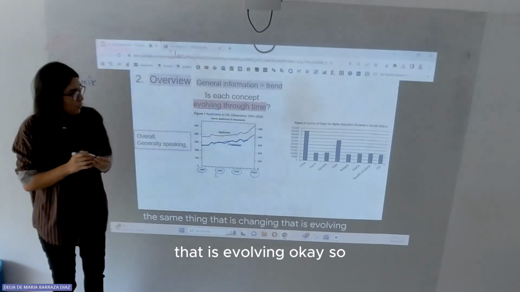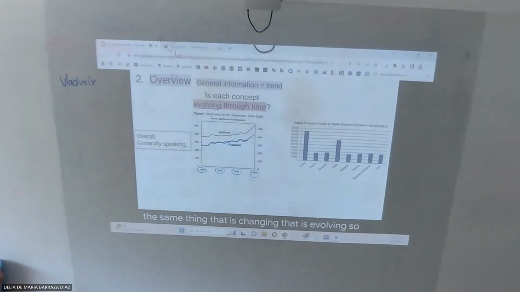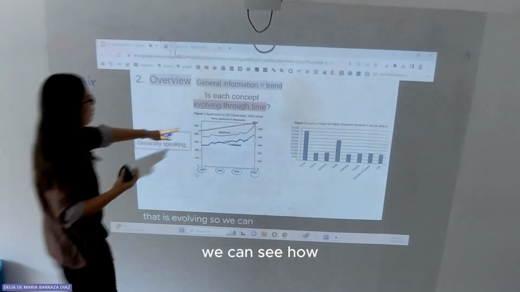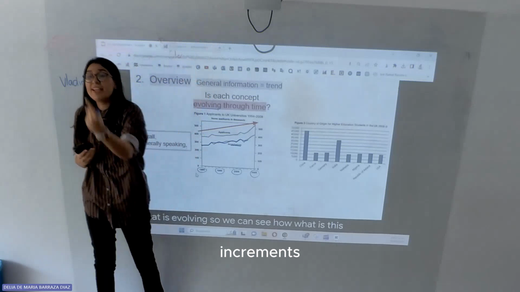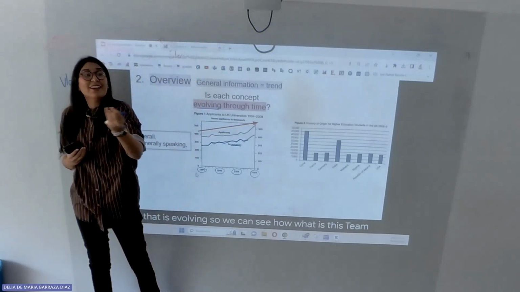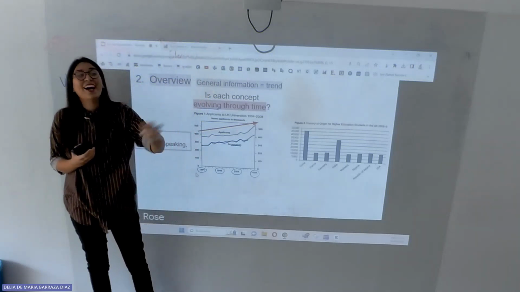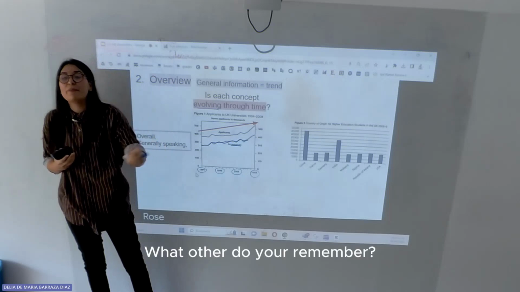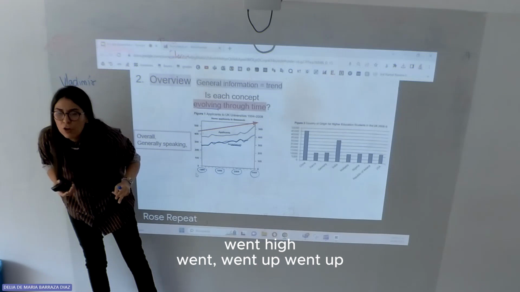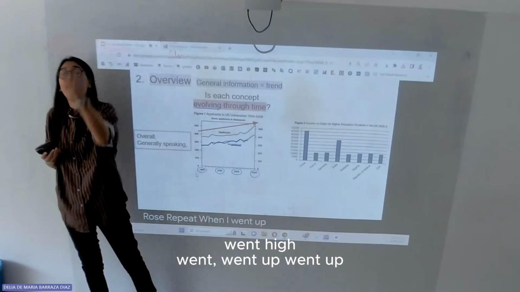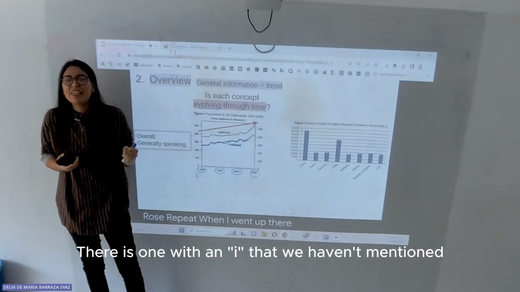So we can see how, what is this? Increments, grows. But what do you remember? Oh, when I went up, there's one with a nine that we haven't mentioned.